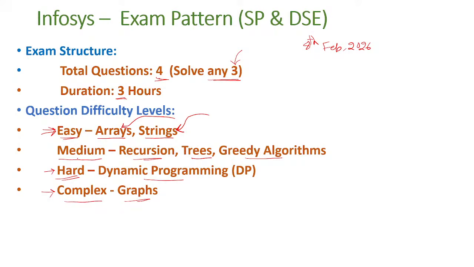If you still have time, then practice the medium level questions, mainly on trees and greedy algorithms. And if you have already mastered these two topics, then I suggest you work on hard level problems, that is, learn how to solve problems using the dynamic programming approach. If you master this, it becomes very easy to get through the examination.